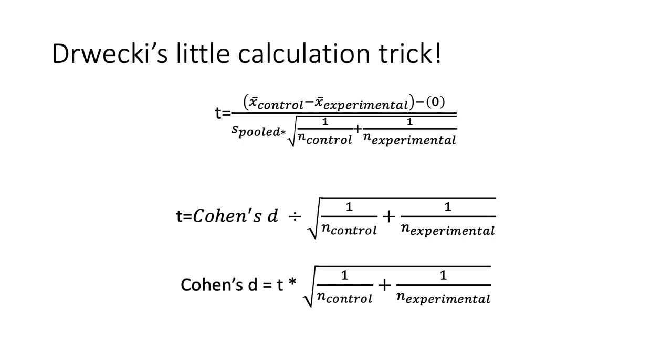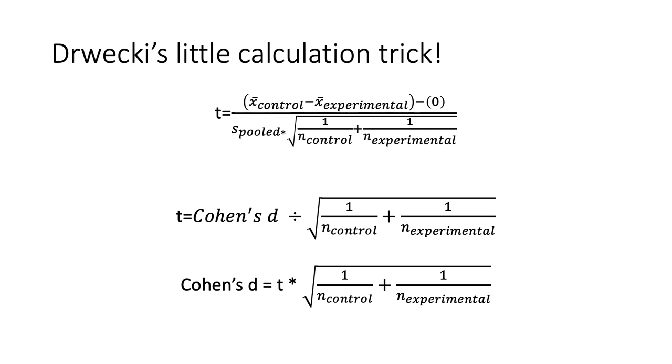So if we want to find Cohen's d from a t value, we take our t value times the sample size correction factor. If you're only given one sample size, like if you're told the total sample size is 100, all you have to do is take the square root of 1 over 100, multiply that by your t, and that's going to get you your Cohen's d.